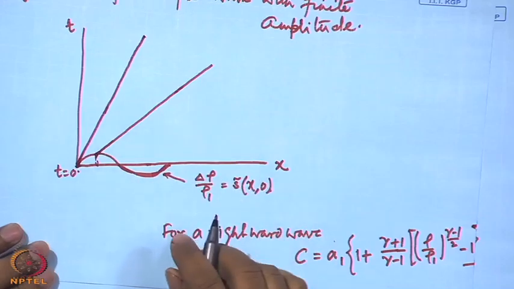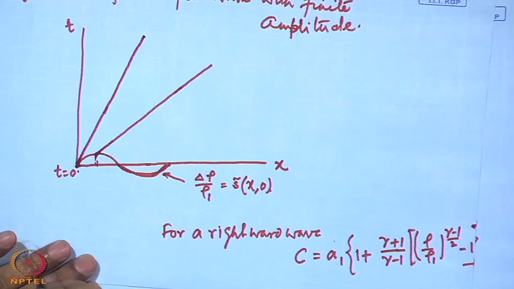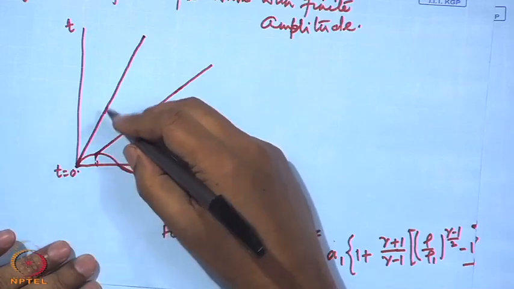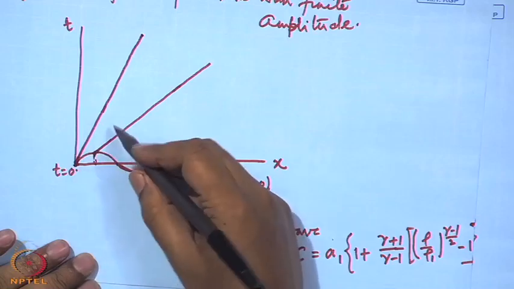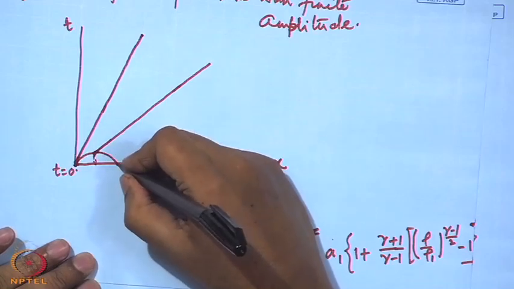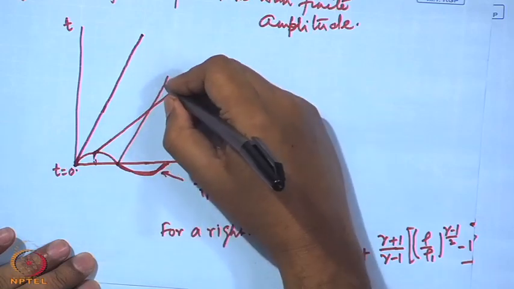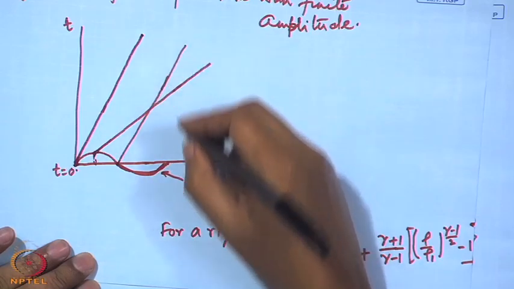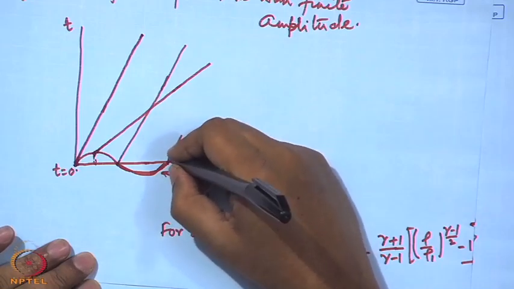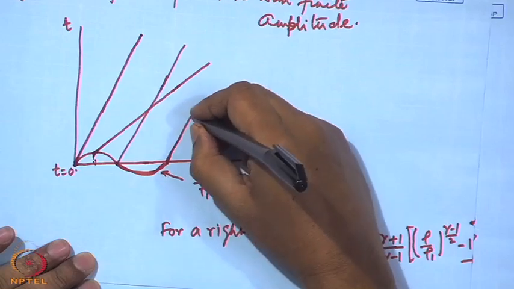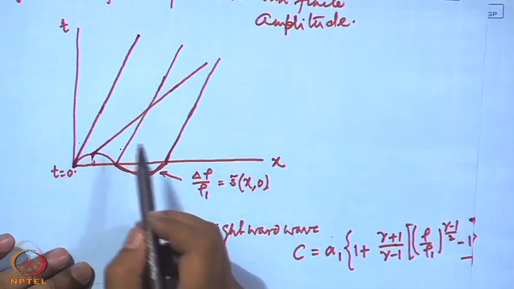At this point of the wave, again the density ratio is 1 and consequently the wave speed will remain the same as a 1 as it is here, and the characteristic line here will be parallel to the characteristic line here. Similarly, here also the characteristic line is parallel to the characteristic line here and here.